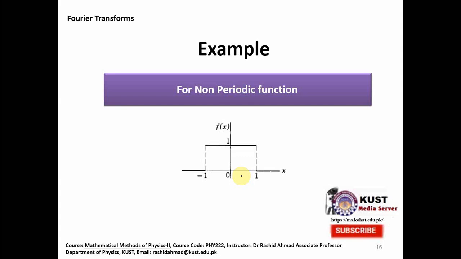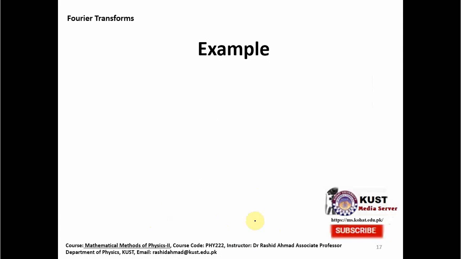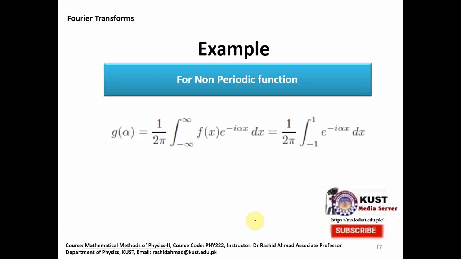Okay, in this case you can see that we have a non-periodic function expanded over here and sketched over here, and represented also mathematically. This f of x is equal to 1 in this interval, and 0 when x is greater than 1. And let's now apply the Fourier transforms to this non-periodic function.